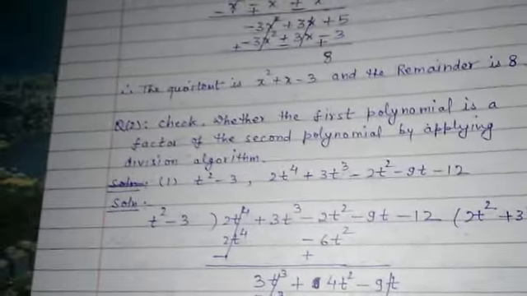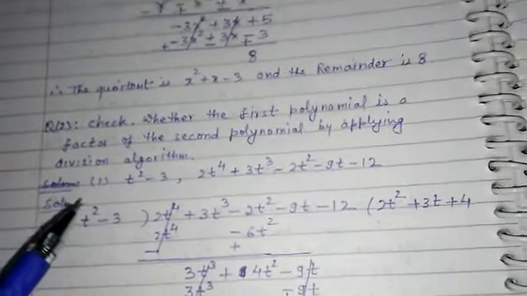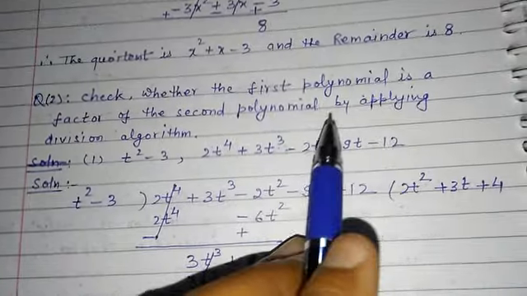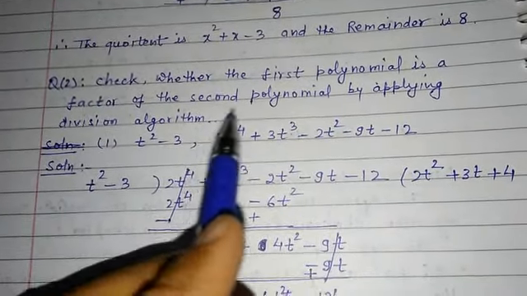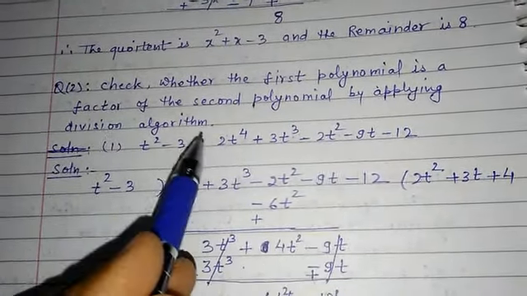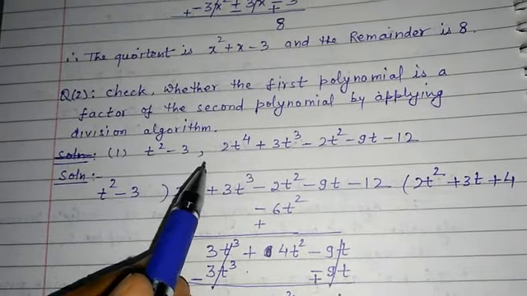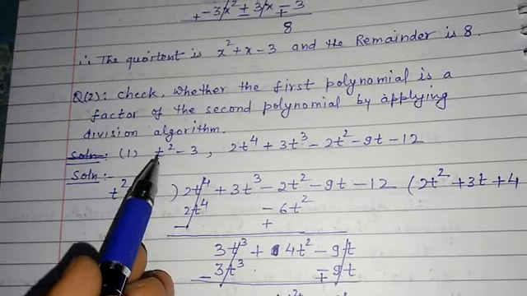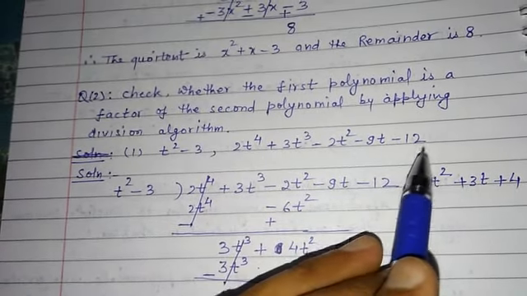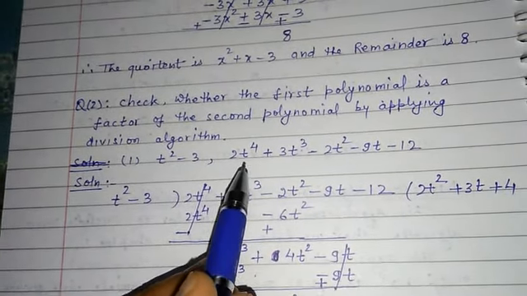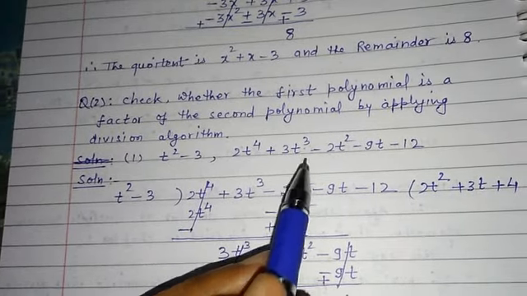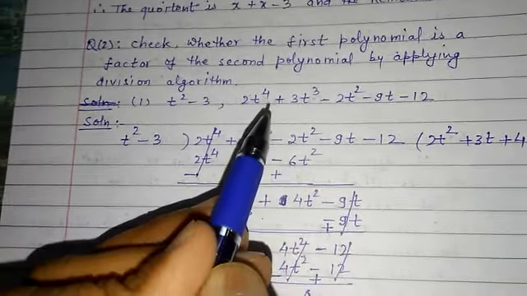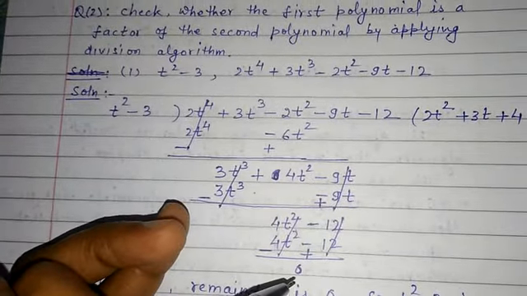Now similarly, question number 2: check whether the first polynomial is a factor of the second polynomial by applying the division algorithm. Here we have to show that the first polynomial, t square minus 3, is a factor of the second polynomial, and it is a factor only when the remainder equals 0.